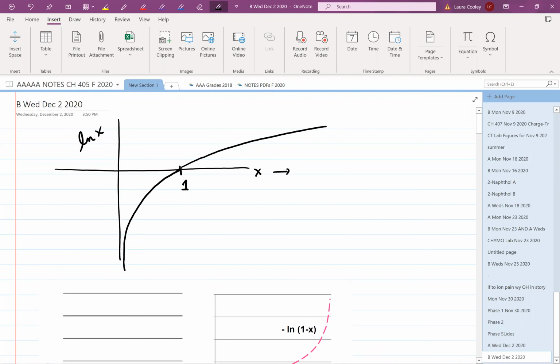And you can see that ln of 1 is 0. So what we do right here is focus in on just the part of the graph where X is going from 0 to 1, because that's what's happening to the extent of reaction. That's our X. X basically goes from 0 to 1. So this is where we're going to focus.